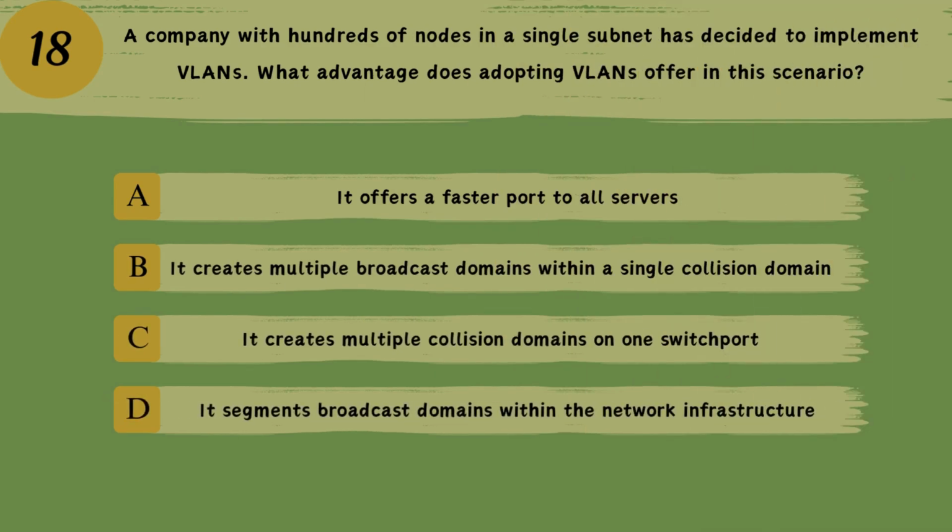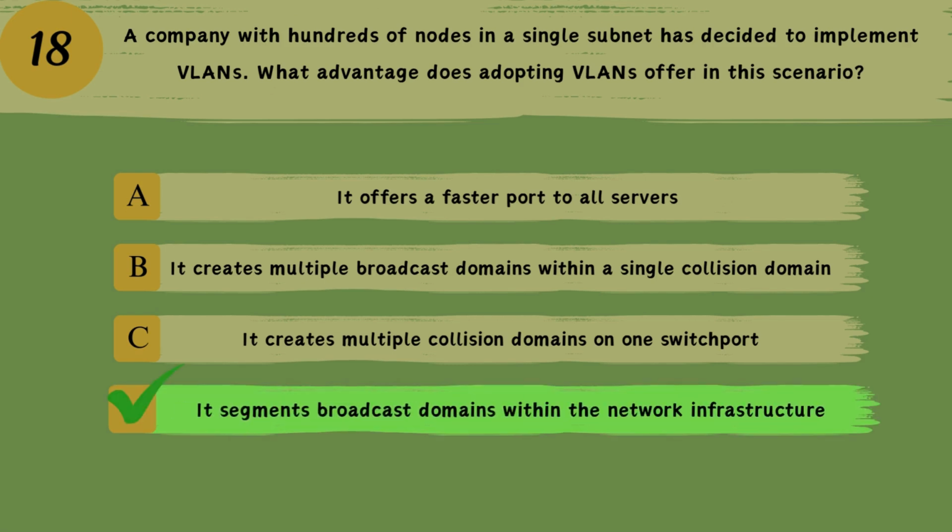Question 18. A company with hundreds of nodes in a single subnet has decided to implement VLANs. What advantage does adopting VLANs offer in this scenario? A. It offers a faster port to all servers. B. It creates multiple broadcast domains within a single collision domain. C. It creates multiple collision domains on one switch port. D. It segments broadcast domains within the network infrastructure.